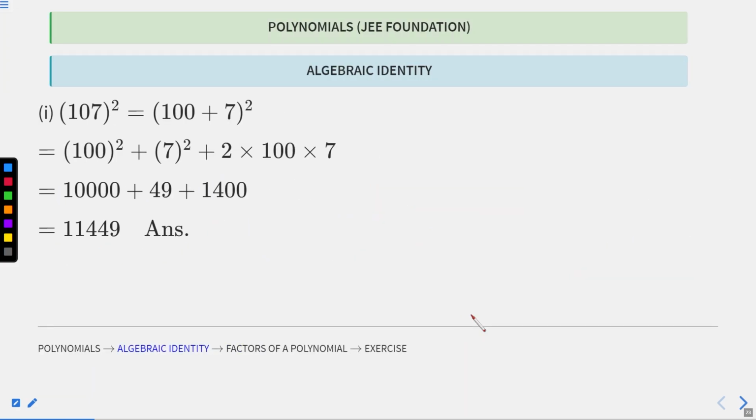Okay, 11449. I hope this is clear. Let's move to the next and see more.